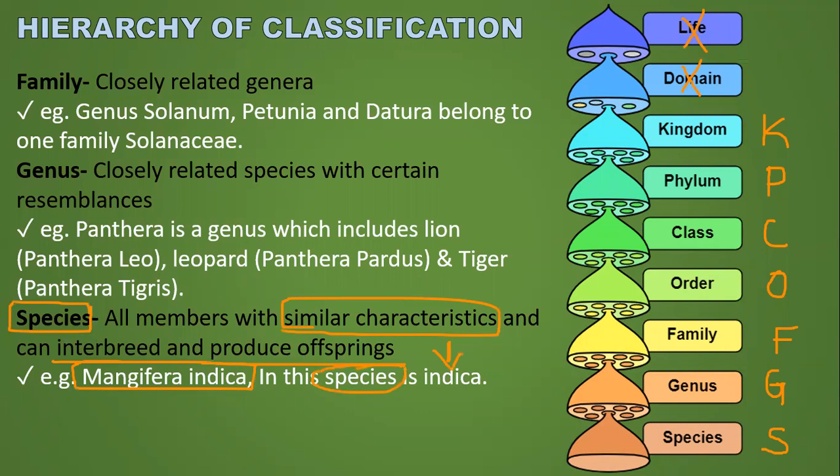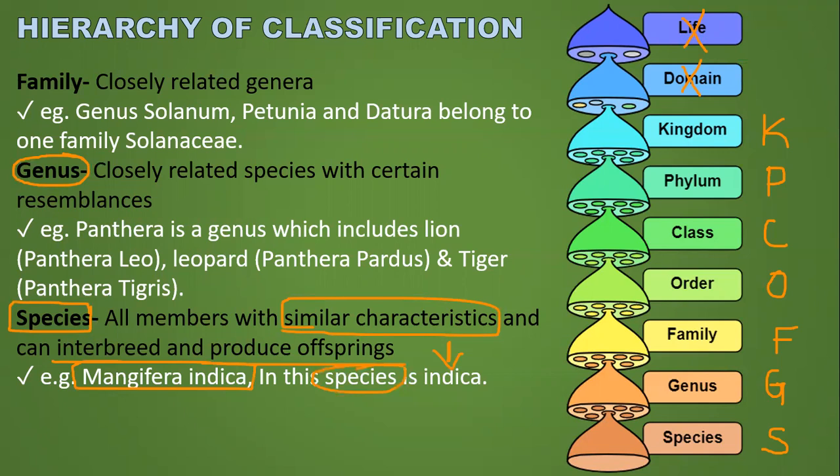A group of species that closely relate to each other constitutes the genus, which is the next higher taxonomical category. So what was species? Species means a group of organisms that share a common character and can interbreed among themselves and produce offspring.